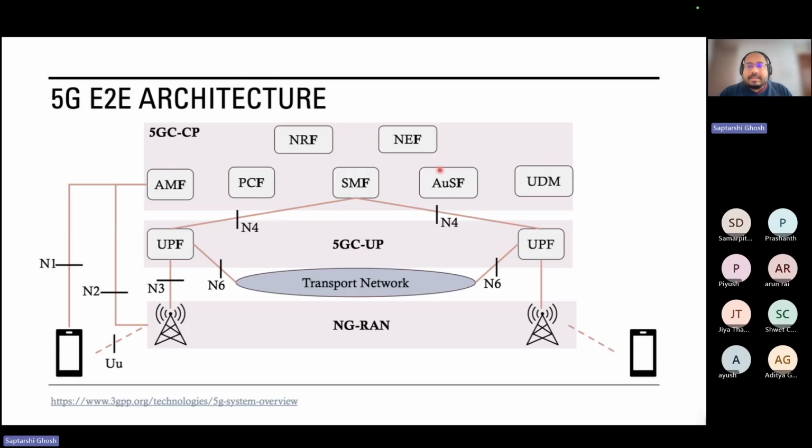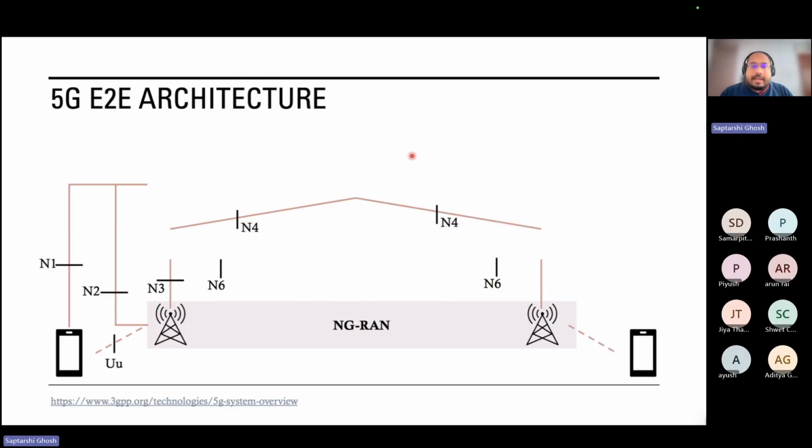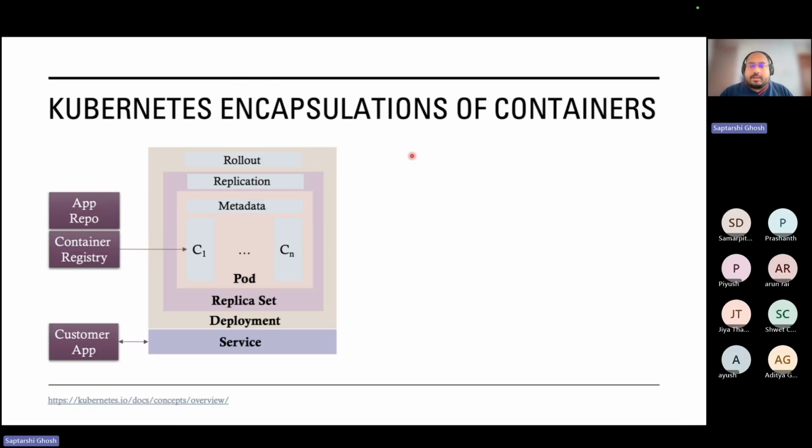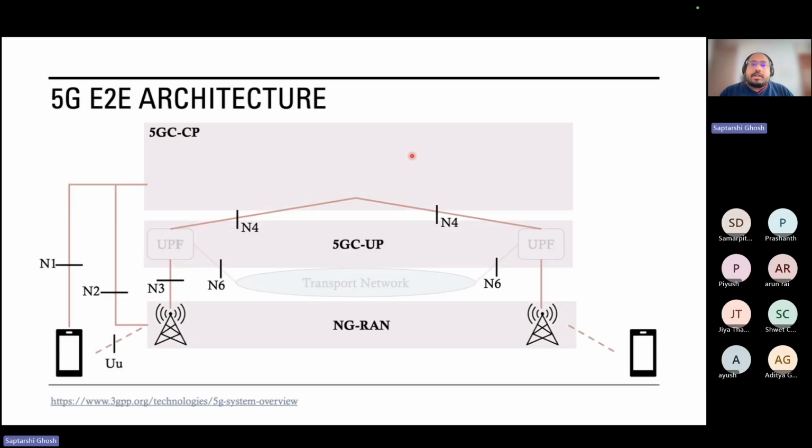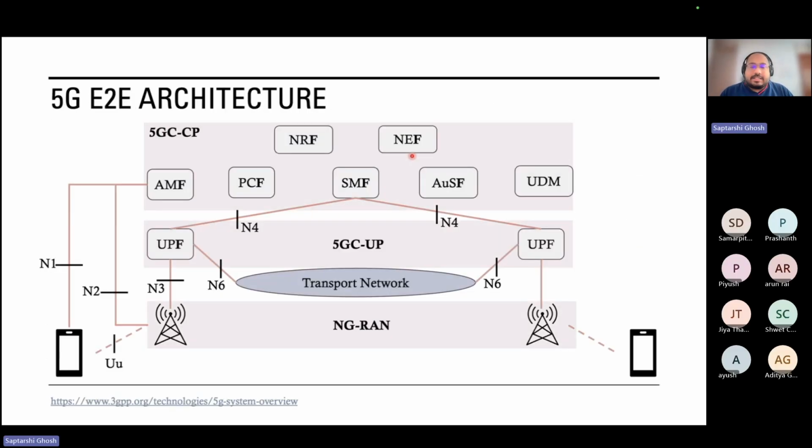So these functions I will not get into. It's not relevant for this session, but they are all microservices. Now you can think of behind these boxes, there is a set of containers with some deployments, some services attached to them. And that's what the 5G architecture is.